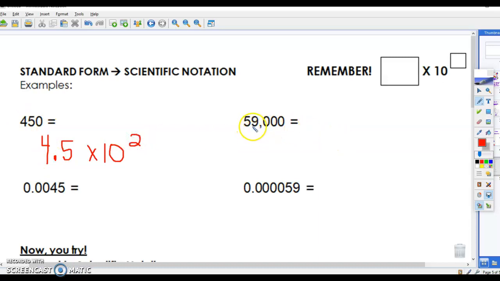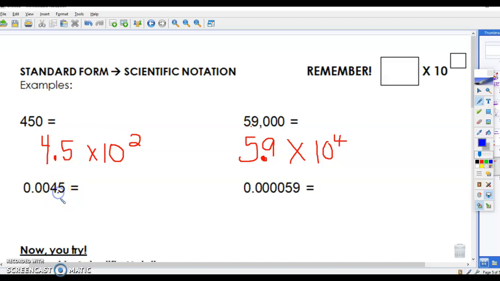Let's try it again. My decimal needs to be there for it to be in scientific notation. And I would move 1, 2, 3, 4 places to the right to get this number back to my original 59,000. All right, let's look at the negatives.